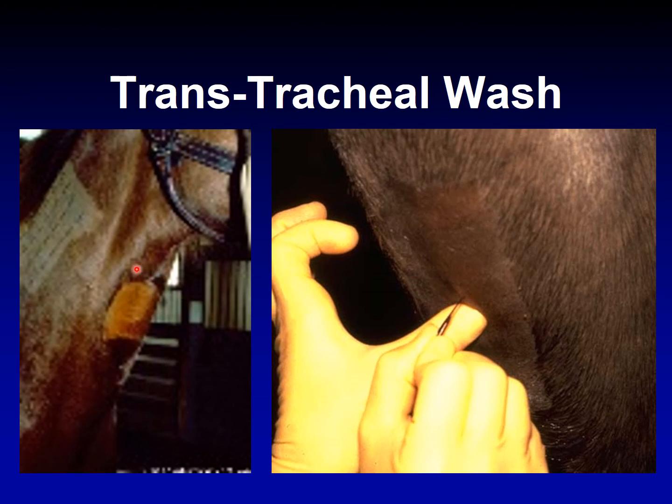First, the area is clipped and prepped surgically, and then with a scalpel blade, you make a 1 centimeter incision in the annular ligament between the fourth and the sixth tracheal rings.